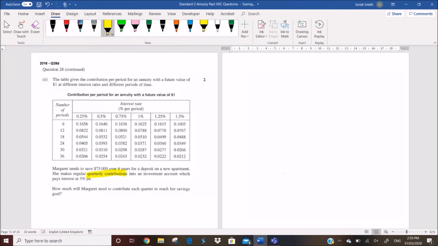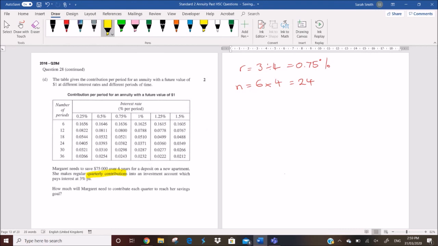This is important. It means we need to change our time period and our interest rate into quarters. So our rate is going to equal 3 divided by 4, which equals 0.75%. Our number of time periods is going to be 6 times 4, which equals 24.